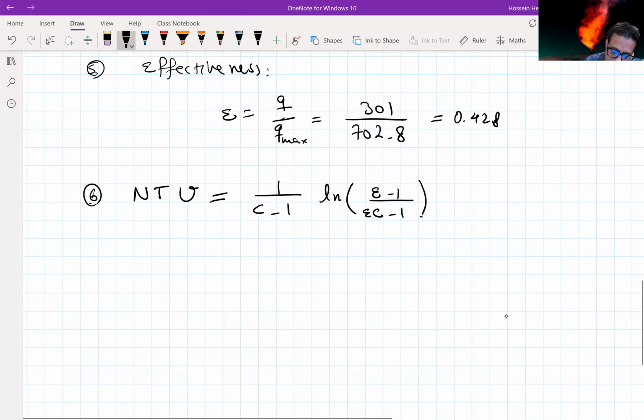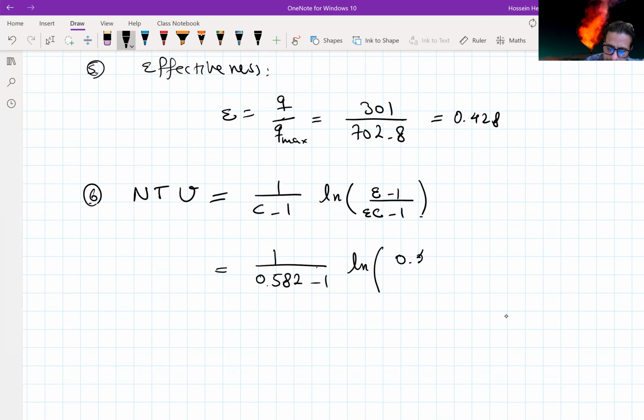If we replace the numbers, it's 1 over 0.582 minus 1, natural log of (0.428 minus 1) over (0.582 times 0.428 minus 1). If you do the math, NTU is going to be 0.651.